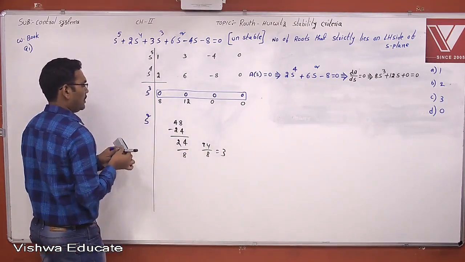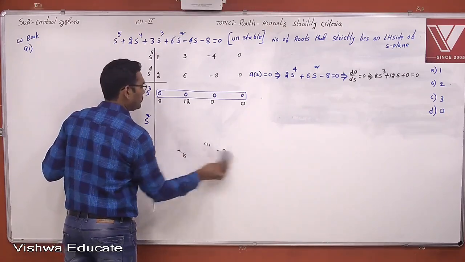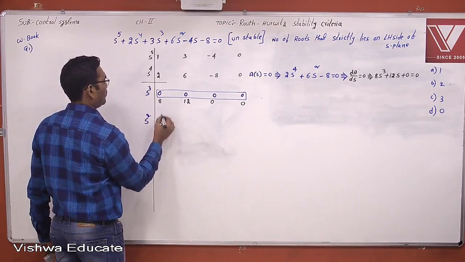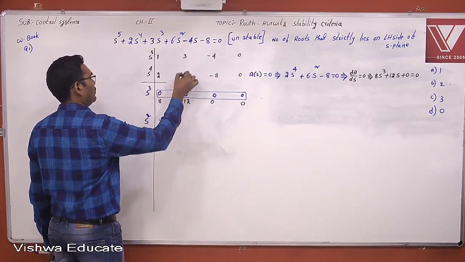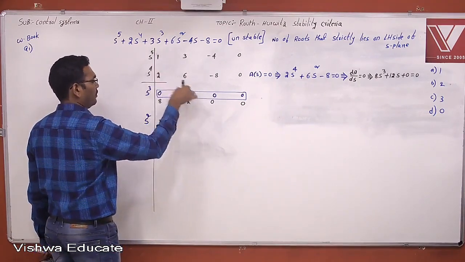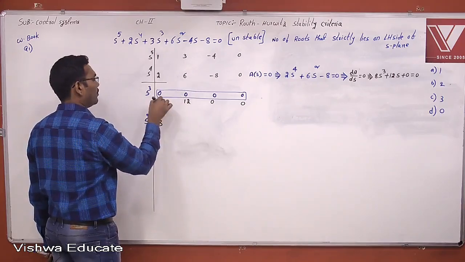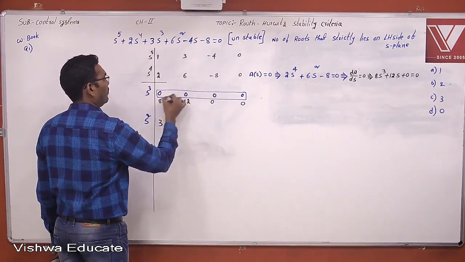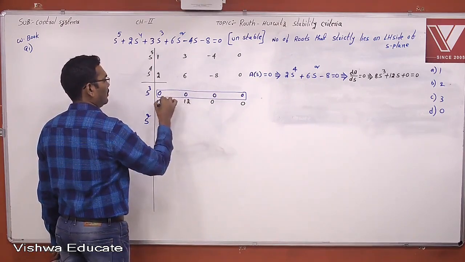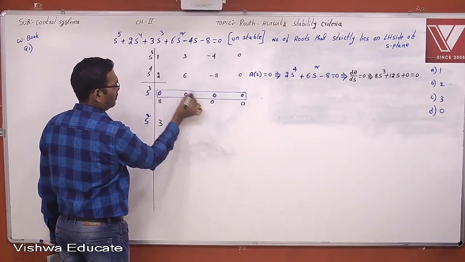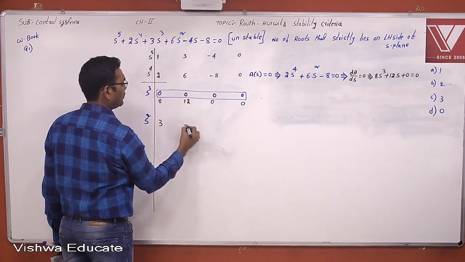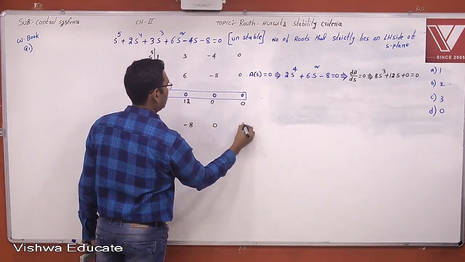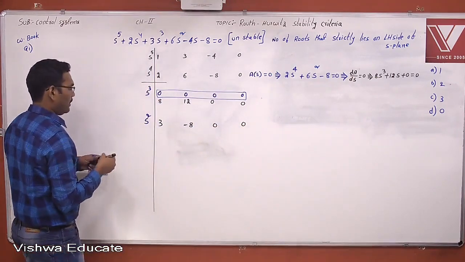So this is nothing but 3. Now 8 into minus 8, minus 64, minus 0, minus 64 by 8, minus 8. Then 0, 0.